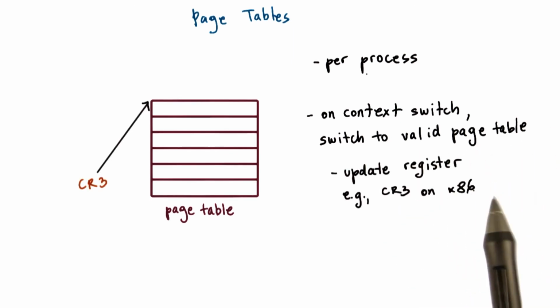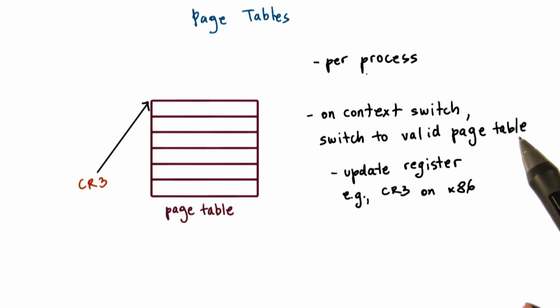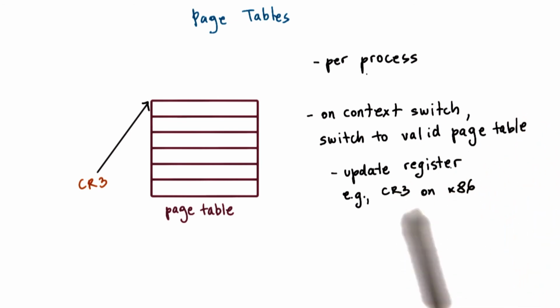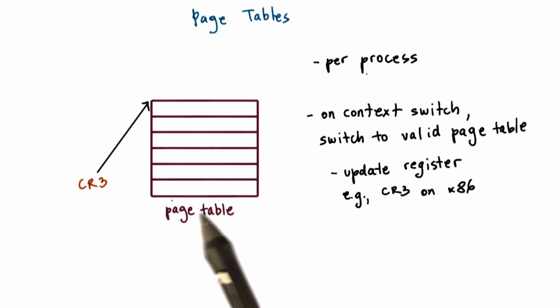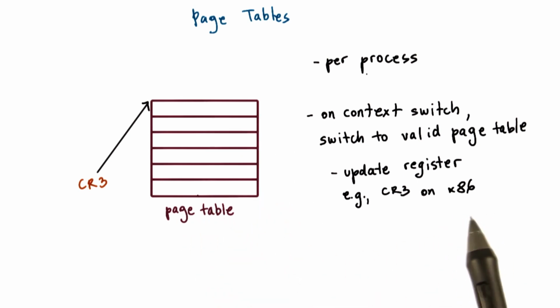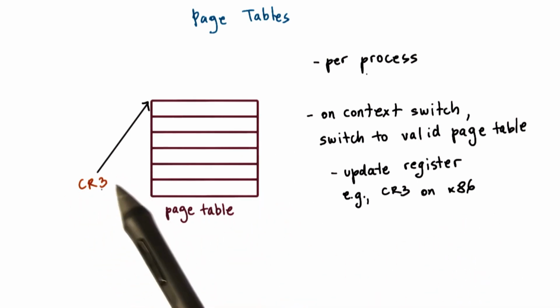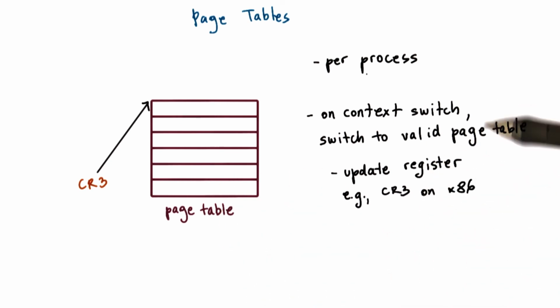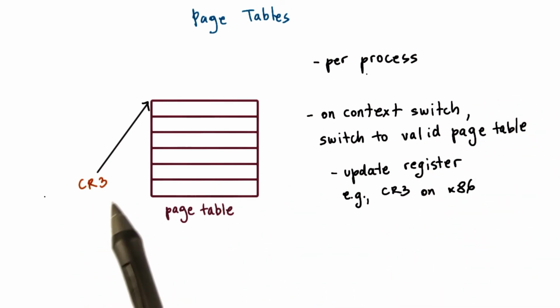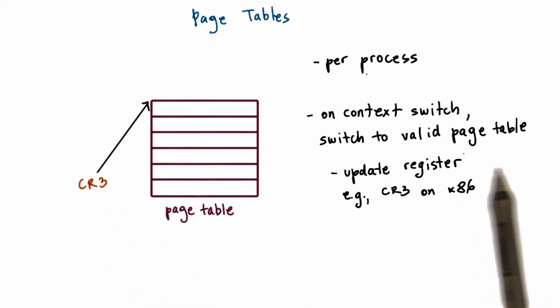We said that hardware assists with page table accesses by maintaining a register that points to the active page table. On x86 platforms, there's a register CR3, and so basically on a context switch, we will have to change the contents of the CR3 register with the address of the new page table.